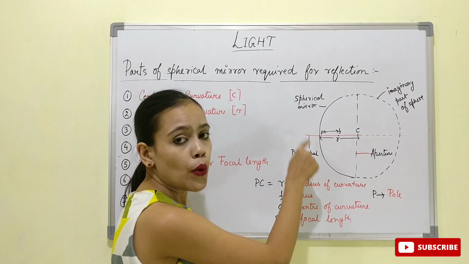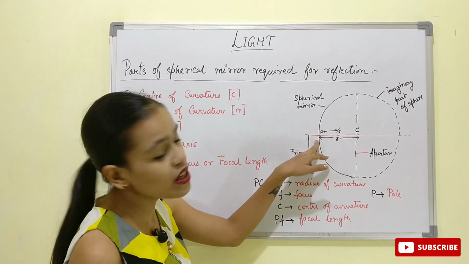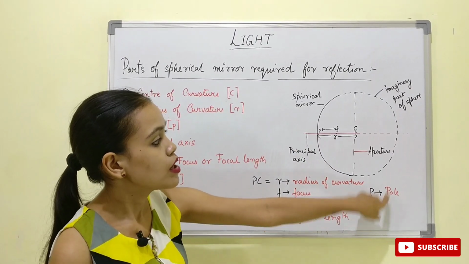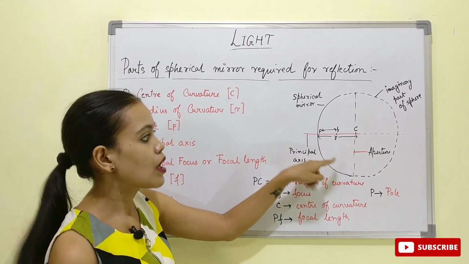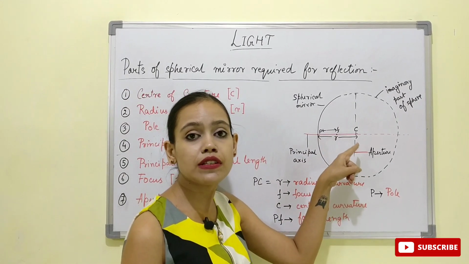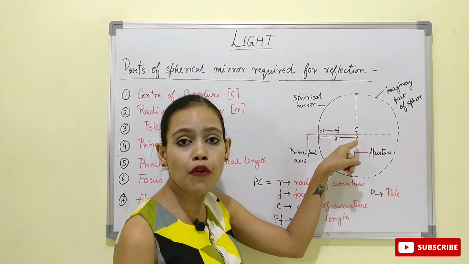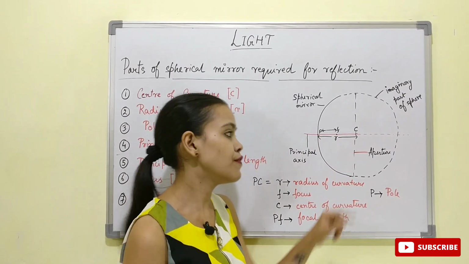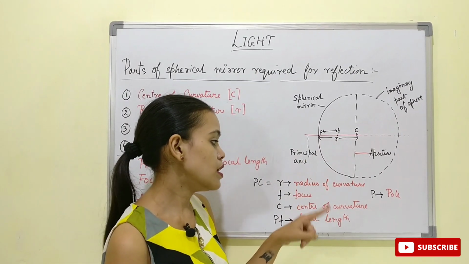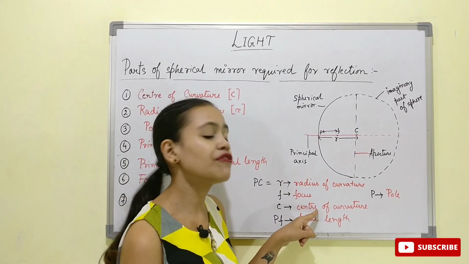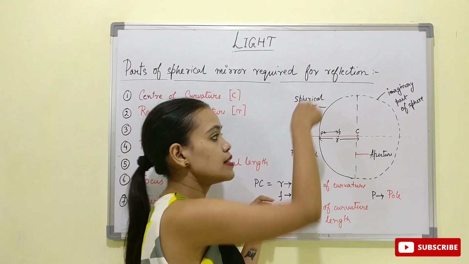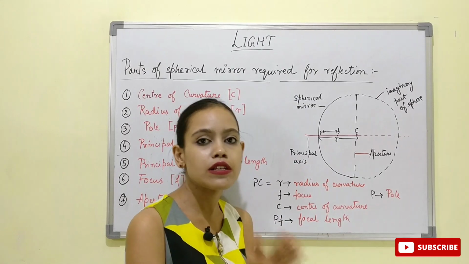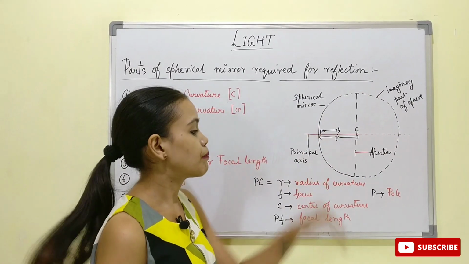The point where the principal axis meets the spherical mirror is called the pole, denoted by the letter P. Next, the center of the circle will also fall at one particular point on the principal axis itself, that is C. It is called the center of curvature because it's a curved mirror. So C is the center of curvature, which is the center of the whole sphere.